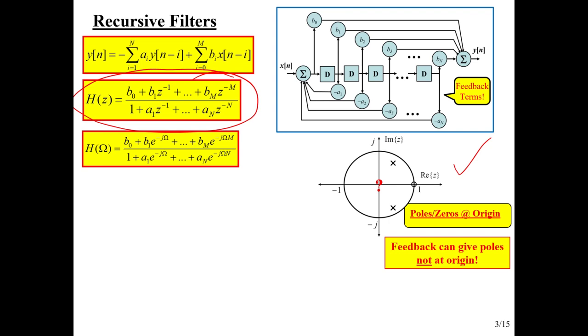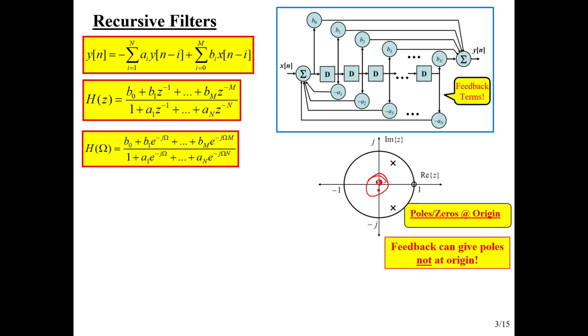For a recursive filter, we can have poles anywhere and also zeros anywhere. So I'm just showing a few locations of those. And then I put a question mark here at the origin. We may or may not have poles or zeros at the origin, or you might not have anything at all. It depends on the system.